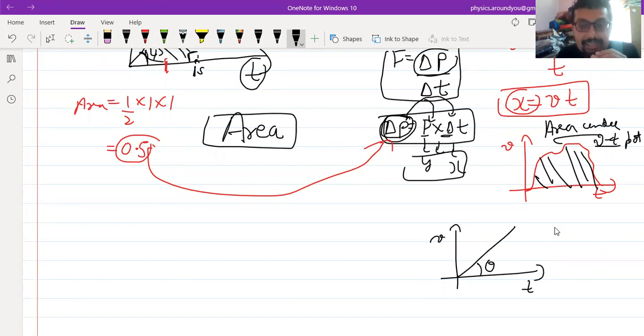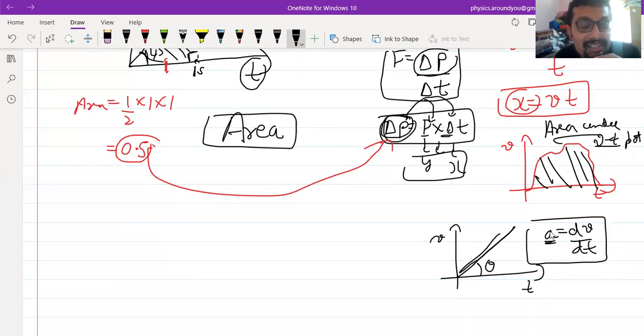Acceleration. A is equal to dV by dt, tan theta. The slope is going to give acceleration, whereas area is going to give position.